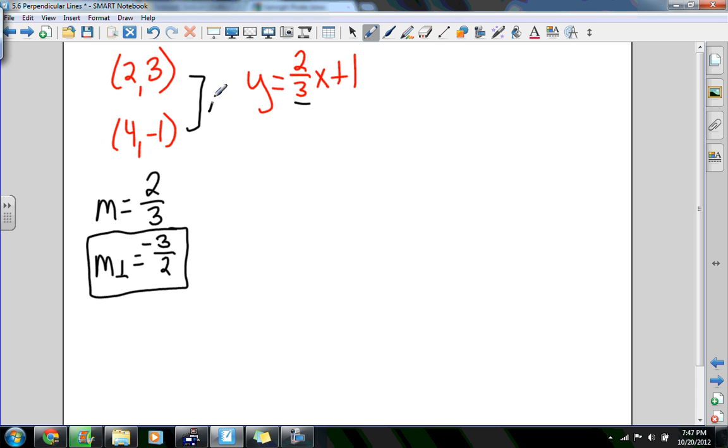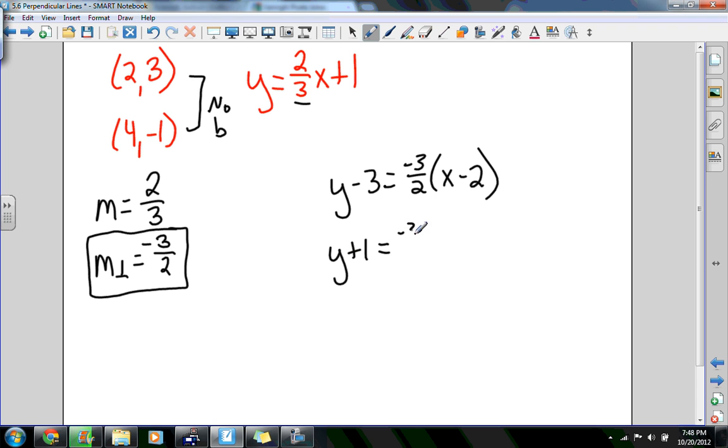There is no b here. So your two options are y minus 3 equals negative 3 over 2, parentheses x minus 2, or y plus 1 equals negative 3 over 2, x minus 4. Two options.